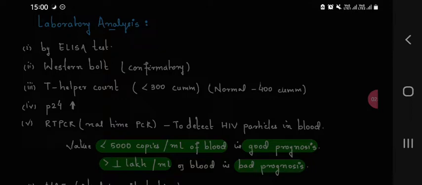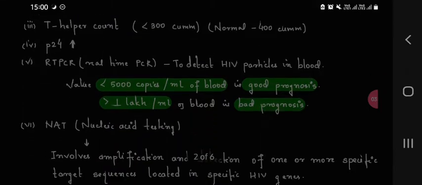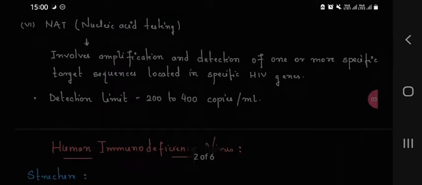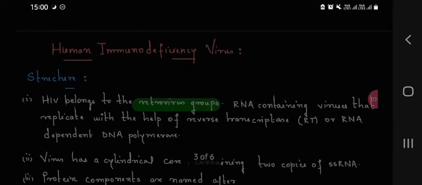A value smaller than 5,000 copies per ml of blood is a good prognosis. Greater than 1 lakh per ml of blood is a bad prognosis. NAT, nucleic acid testing, involves amplification and detection of one or more specific target sequences located in specific HIV genes. Detection limit is 200 to 400 copies per ml.